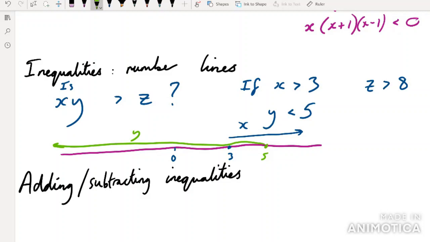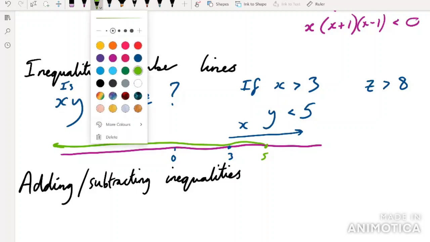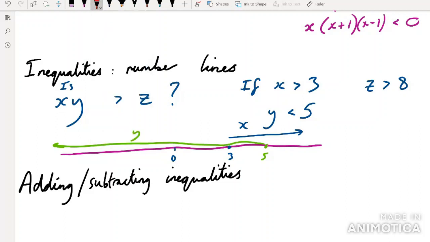The reason I don't like multiplying and dividing with inequalities is that you have to worry about whether the thing is positive or negative, and often you just don't know. So you're much better off using this and staying away from that. And then we know z is greater than 8, so z is somewhere over here.